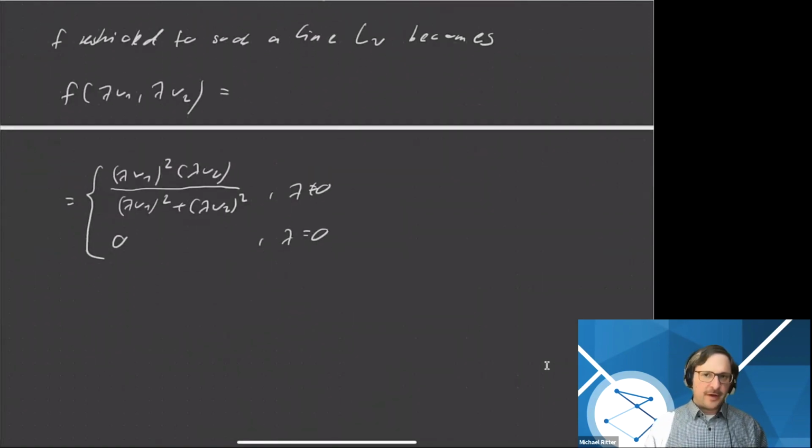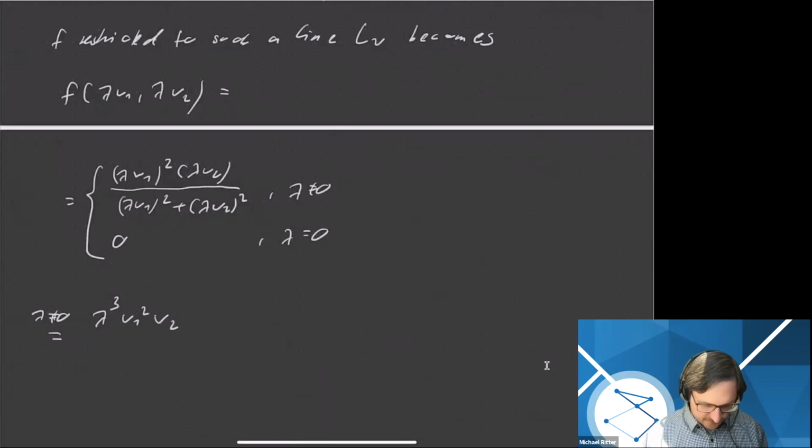Okay, so from now on, to keep the notation a little more concise, I'll just follow the non-zero case. The other one is trivial anyway. So what happens in the non-zero case? Well, in the numerator, we have λ squared times λ, so that's λ to the third. Then we have v1 squared v2.